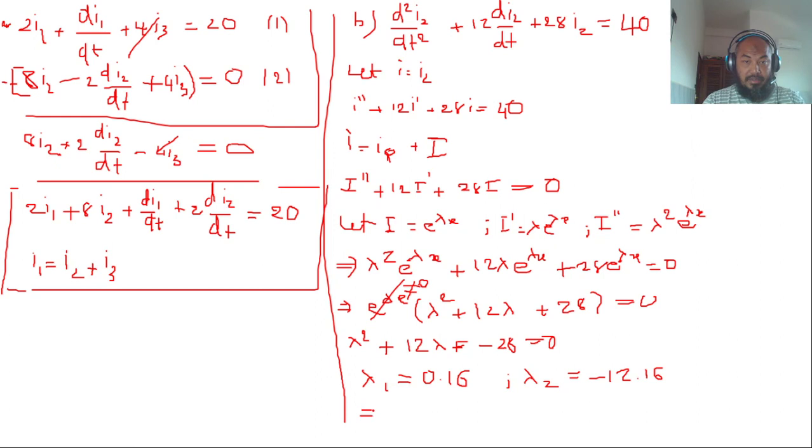So I will get I is equal to A E lambda 1 x plus B E lambda 2 x. So I will get A E 0.16 x plus B E minus 12.16 x.